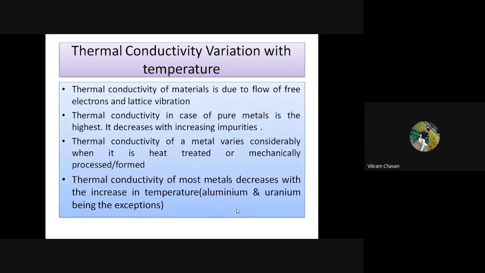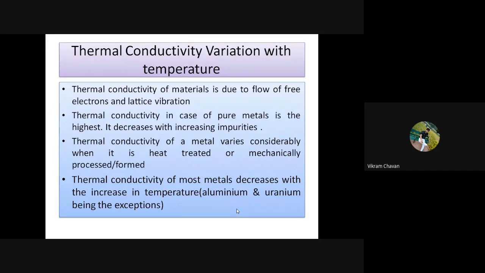But as we increase the temperature, the molecules of a metal start vibrating at their mean position very rapidly, and they create obstacles for the free electrons.